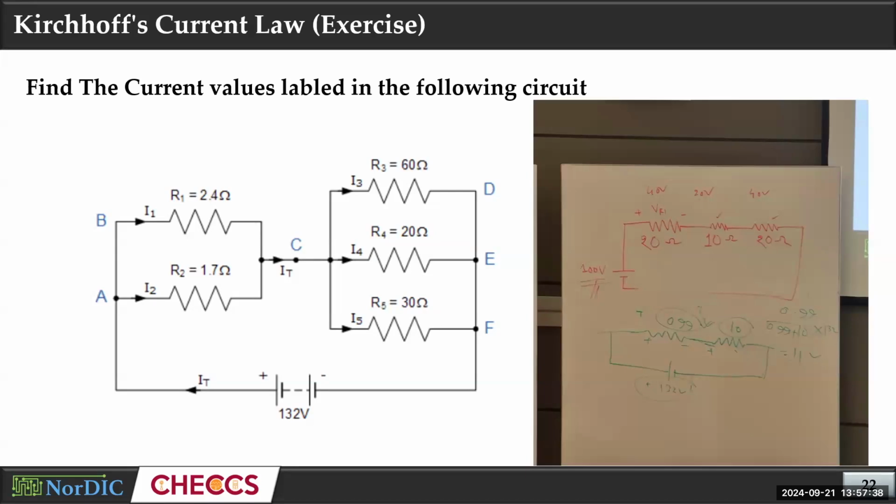I will give you similar circuits so that you can practice. I must emphasize the practice, because circuit solving is all about practice. Sometimes you will know what to do by yourself, like you don't always need the voltage division rule.